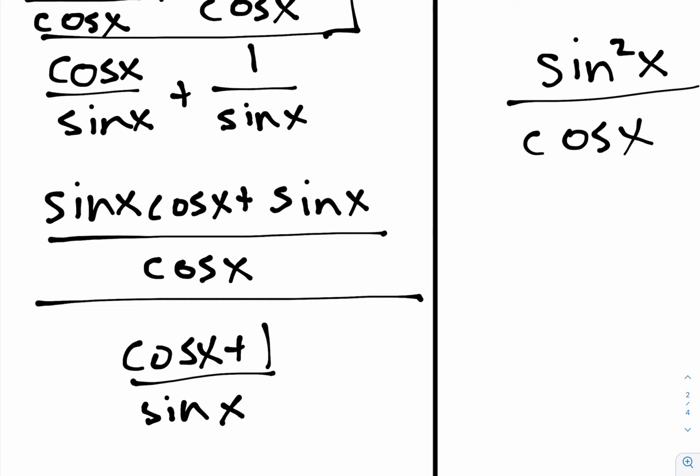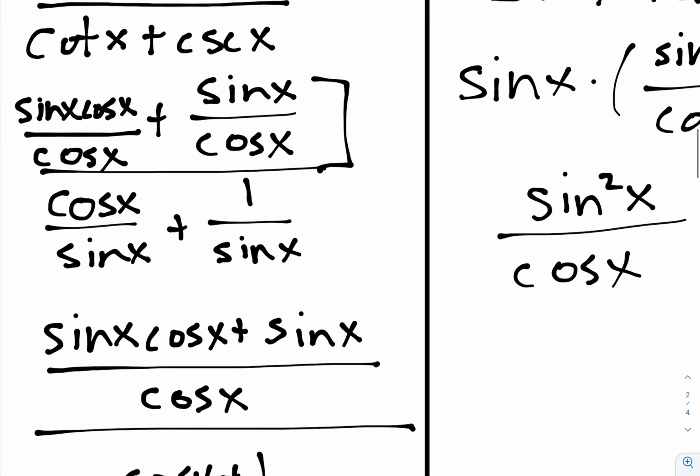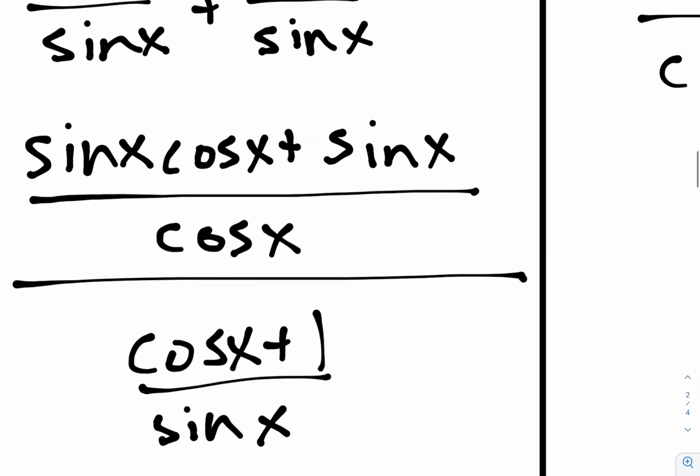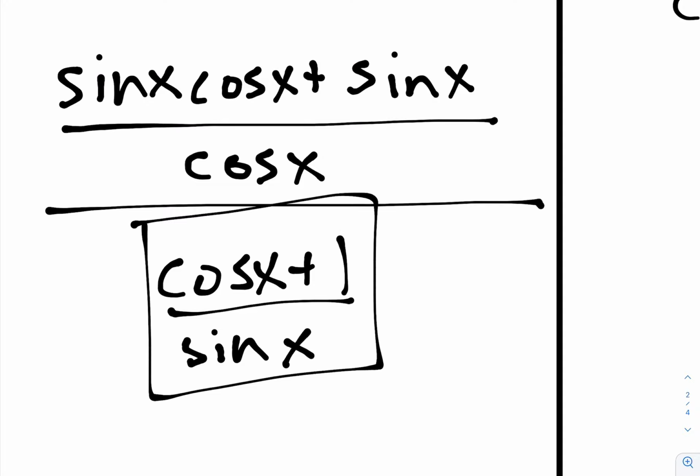Okay, so lots of fractions here, lots of trying to simplify and factor things, but now all we have to do is, like we did on the right side in the last question, whenever we're dividing by a fraction, we can multiply by the reciprocal of the bottom.